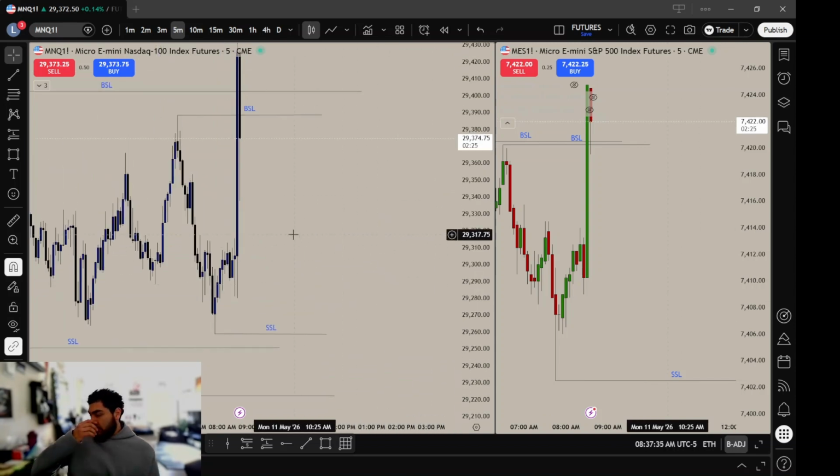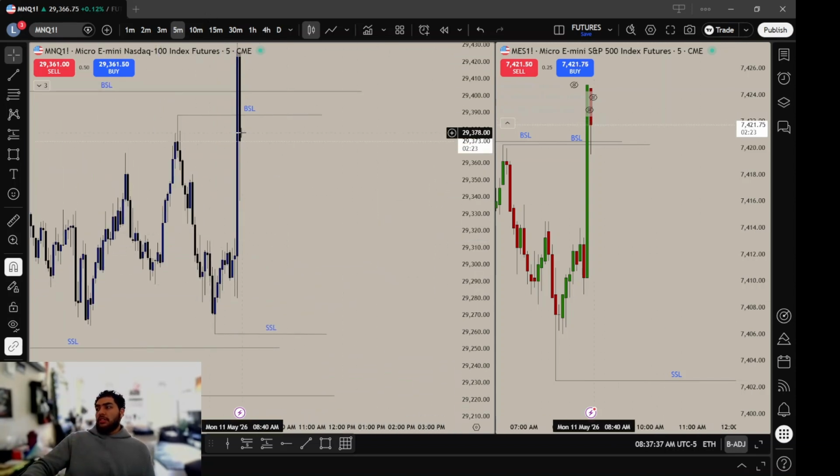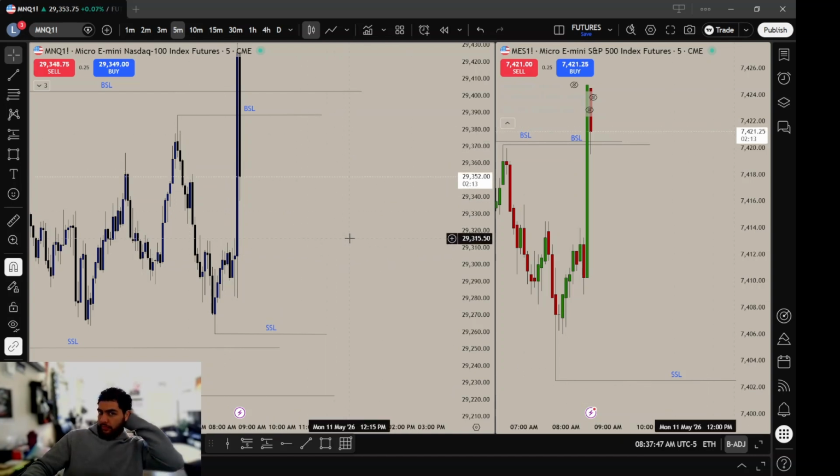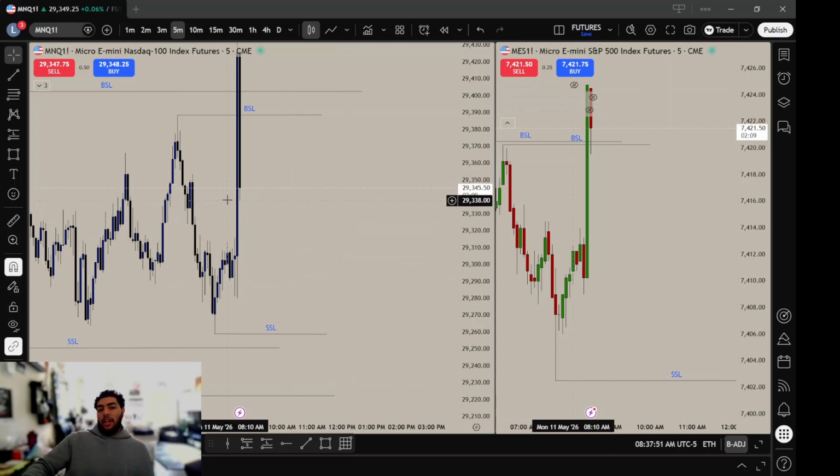So this is what I'm doing right now. I'm waiting for this candle to close, and then I'm gonna see if this creates a fair value gap in here, and then if it retraces or disrespects that, then we'll probably take a trade off of that. Honestly, actually, I'm gonna change that.